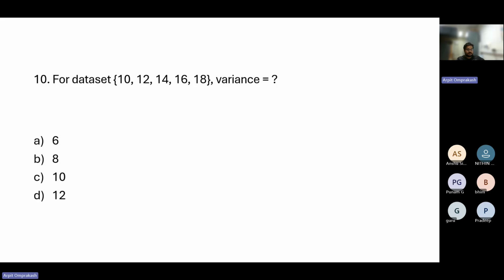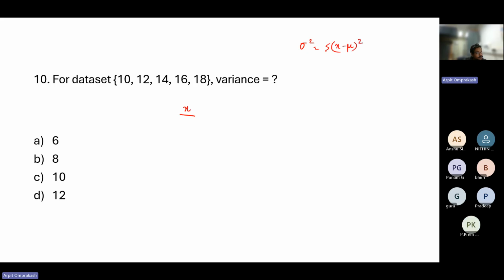Okay, so for these questions, we'll start solving here also. What we need to do for this data set to calculate the variance is, our variance is basically given as summation of x minus mu whole square by n. So we have x, which is 10, 12, 14, 16, and 18.